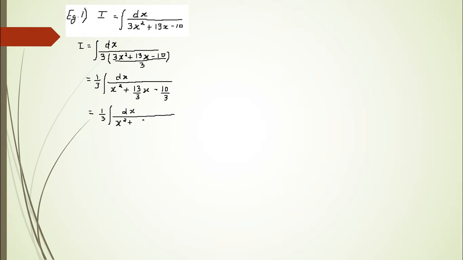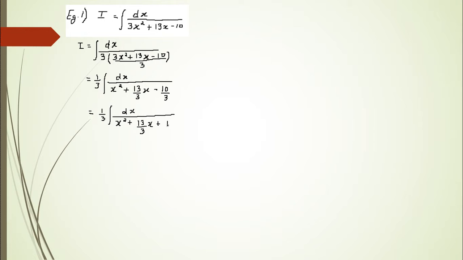So 1 by 2 of 13 by 3 is 13 by 6. So first I will write 13 by 3 into x as it is. Now I will first add 1 by 2 times the coefficient of x whole square.